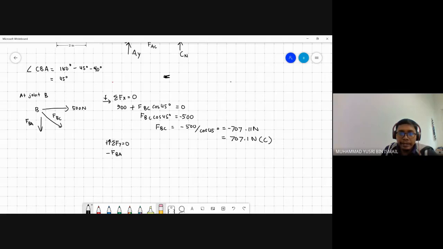So for the y direction, we need to correct our direction, which is not a tension. It is basically a compression.